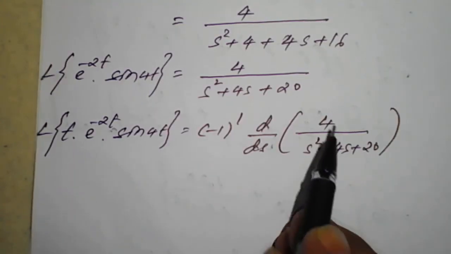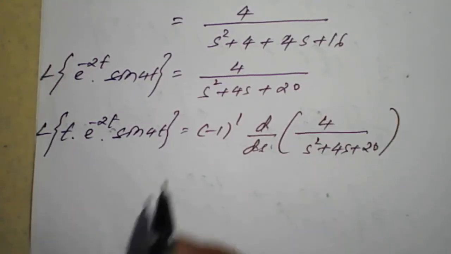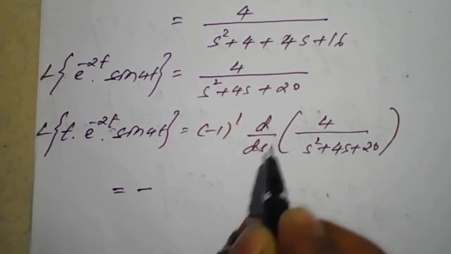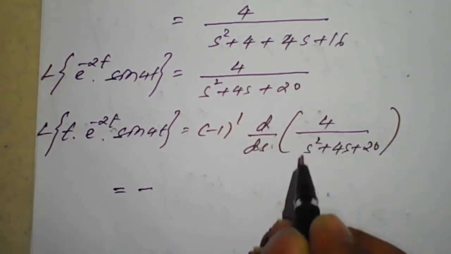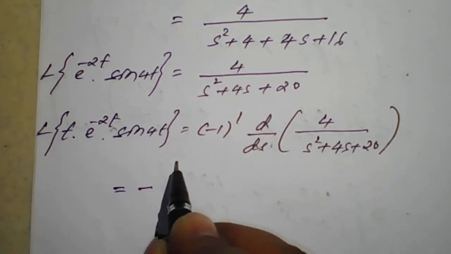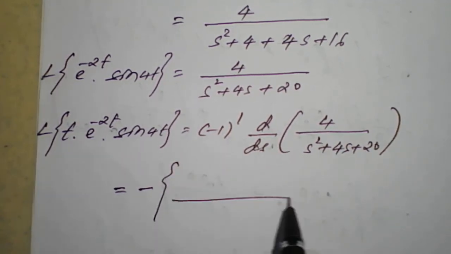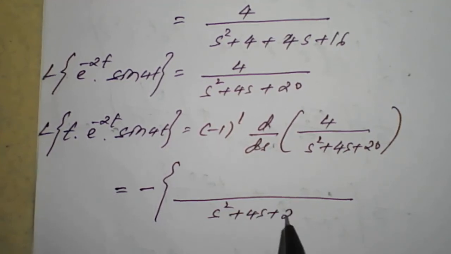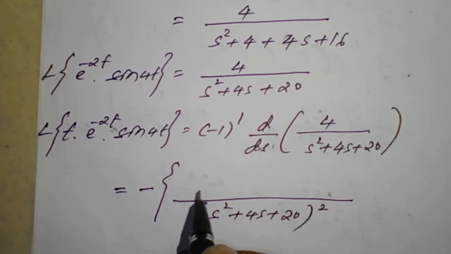So we'll apply the u upon v rule. Minus 1 raised to 1 is the minus sign. Differentiation of this by using the u upon v rule: I will put a bracket, denominator square, that is s square plus 4s plus 20 whole square.